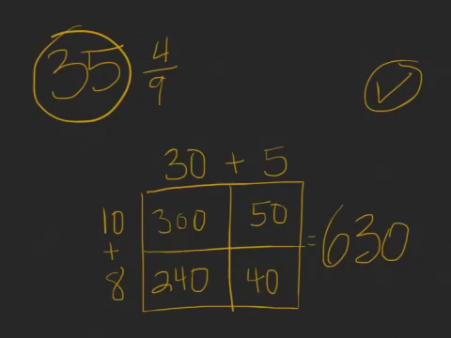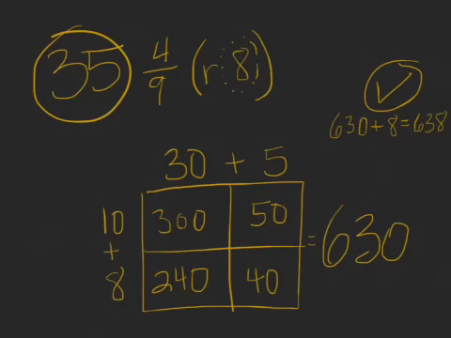It was an 8. That means remainder 8, we need to add that in. So 630 plus 8 equals 638, our dividend. Good. Check is all done.